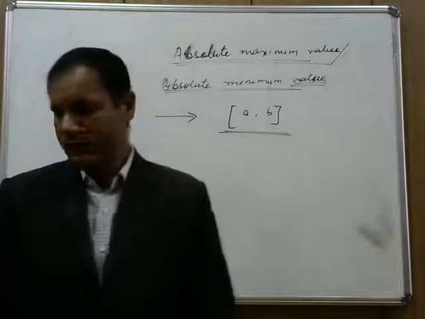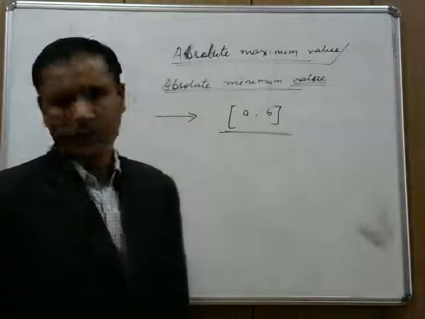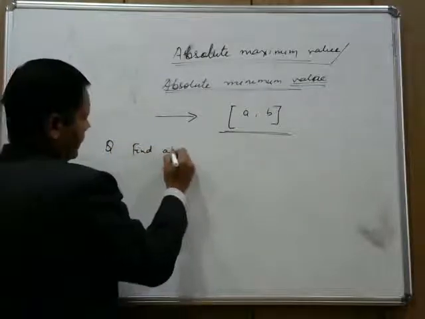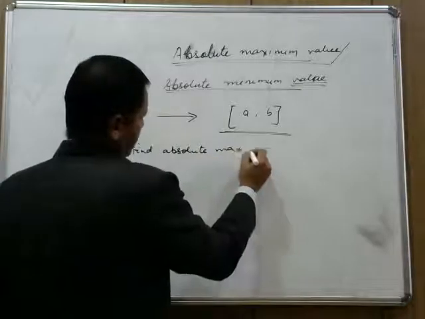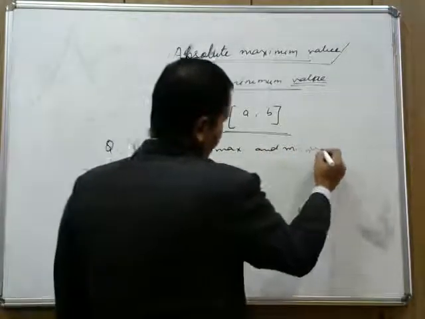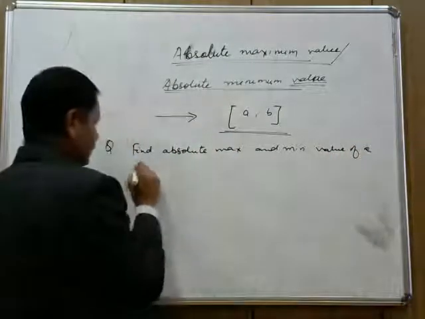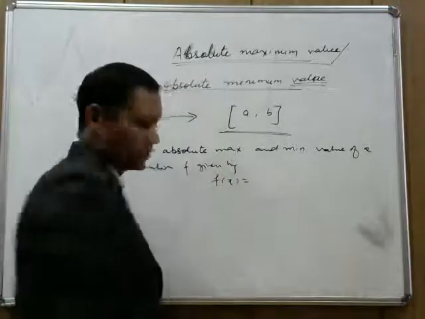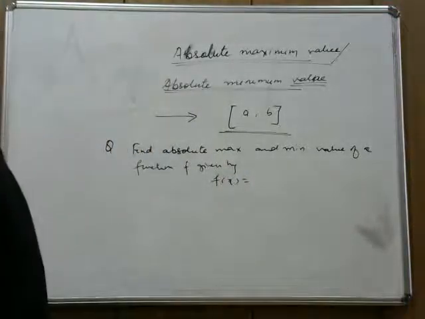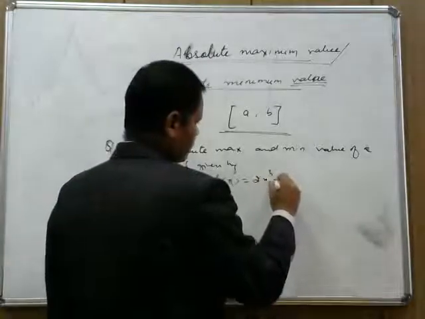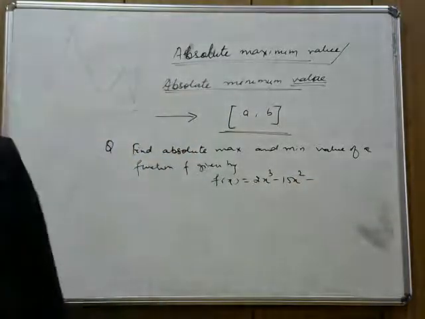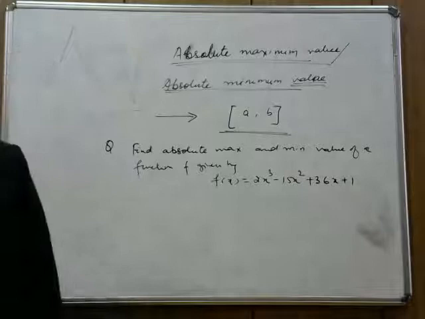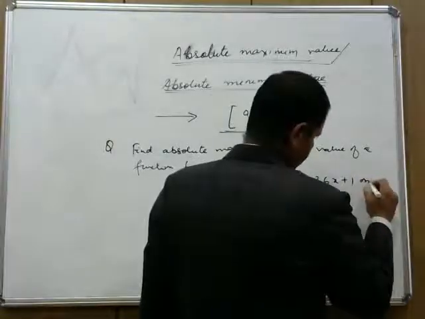For example, suppose I take one question: find the absolute maximum and minimum value of a function f given by f of x is equal to 2x cube minus 15x square plus 36x plus 1 on the interval 1 to 5.